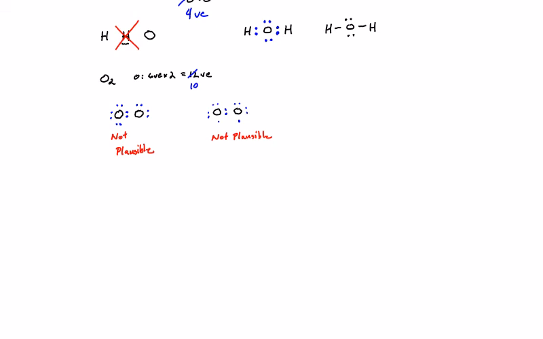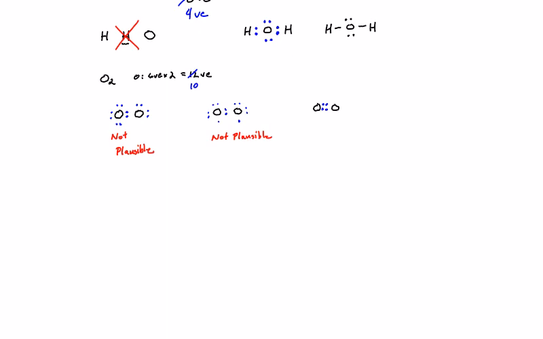The only way that we can take care of the valency problem, which is that oxygen wants to have 2 bonds, and the valence electron problem, which is that we don't have enough valence electrons, is to draw the molecule like this and have 4 electrons be shared between the 2 oxygen atoms.